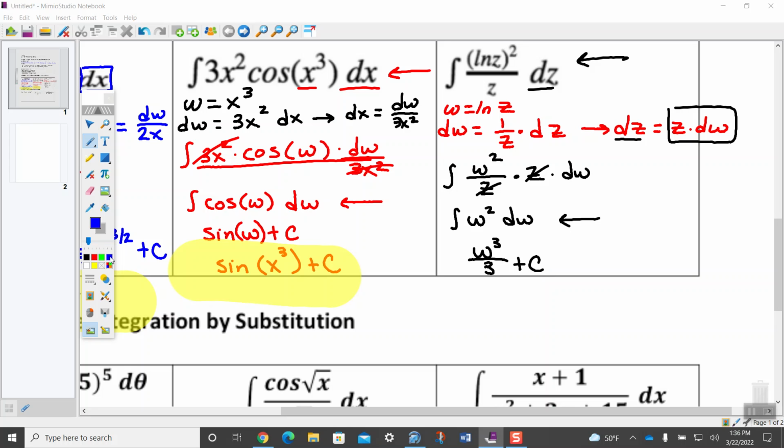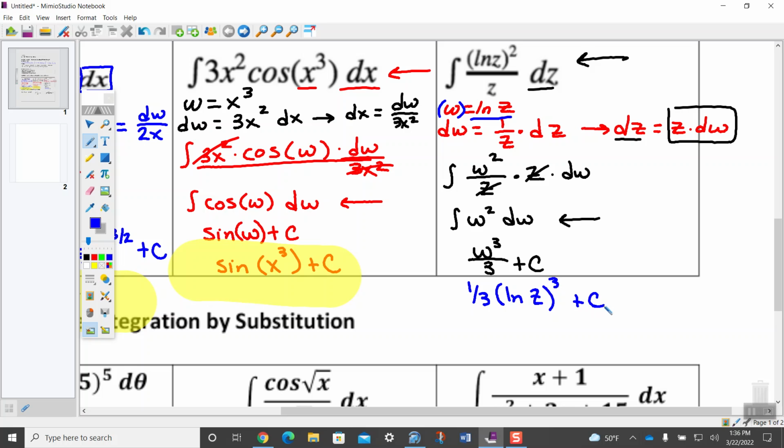What the heck is this w equal to? Natural log of z. So for my final answer, instead of having over 3, can I call it 1/3? And then w was natural log of z, right, kids? Natural log of z, all to the third power, plus some constant c there.